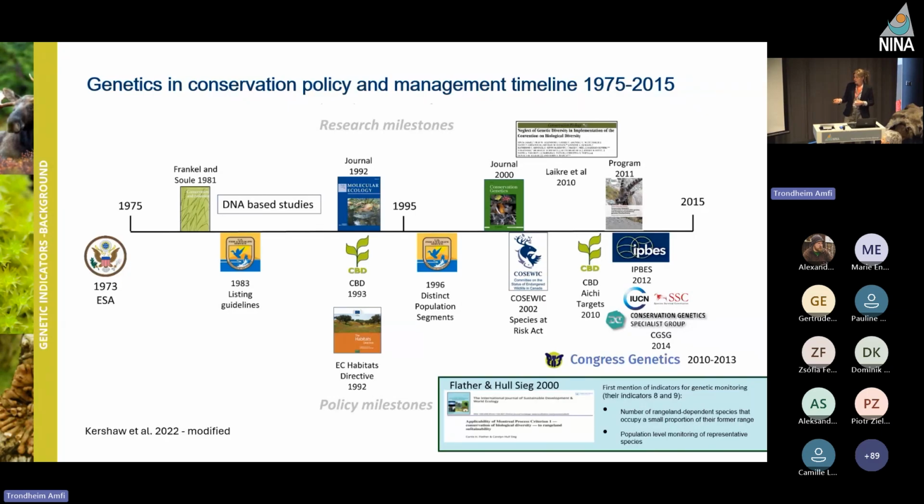So one of the things I would like for you to have a look at is the CBD. So what is the CBD? CBD is the United Nations Convention on Biological Diversity. And the first negotiations leading up to the CBD in 1993 were several different so-called articles.